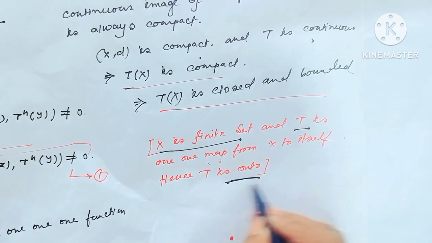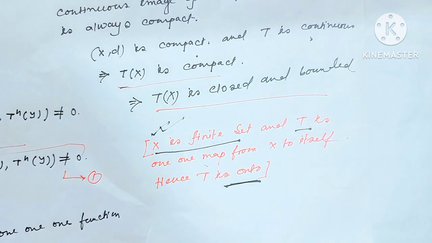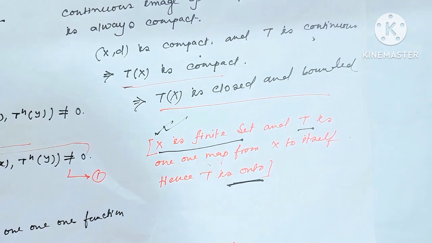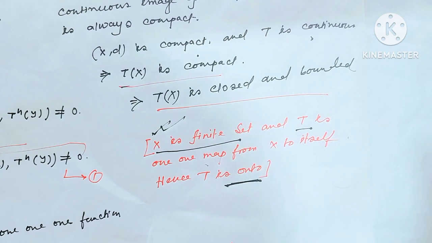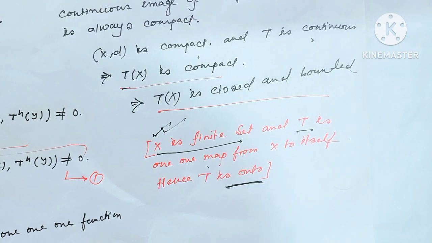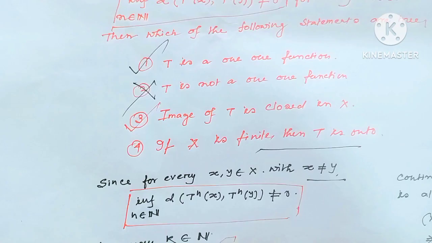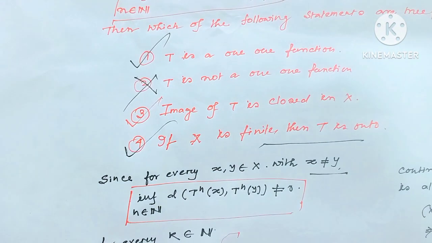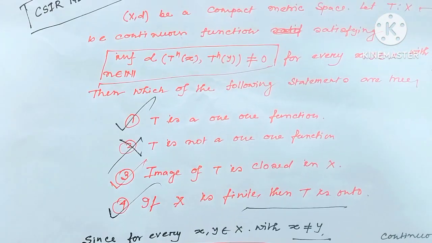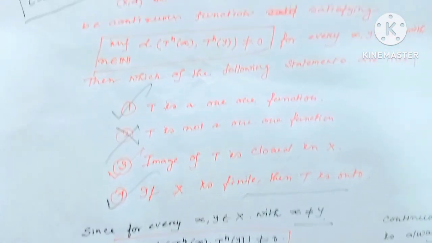All of us know this result: when X is finite, any 1-1 map is always onto. So option 4 is also a right option. If X is a finite set, then T is onto. I hope all my viewers have understood this question easily.